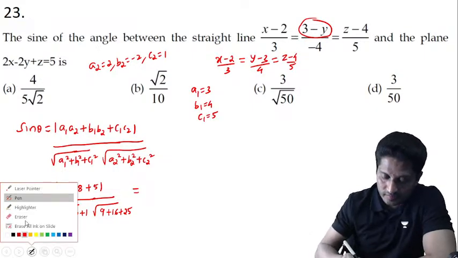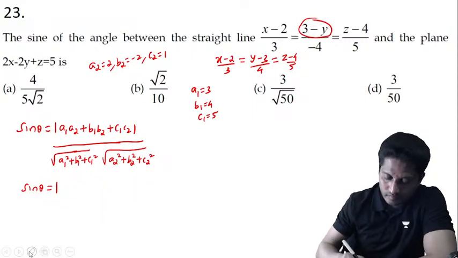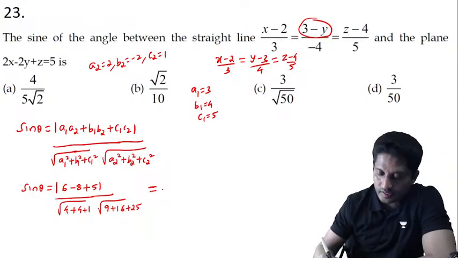Now if I substitute here, you get 3 into 2 is 6 minus 8 plus 5, so this is plus 3, over root of 4 plus 4 plus 1 and root of 9 plus 16 plus 25. 3 divided by root 9 is 3.